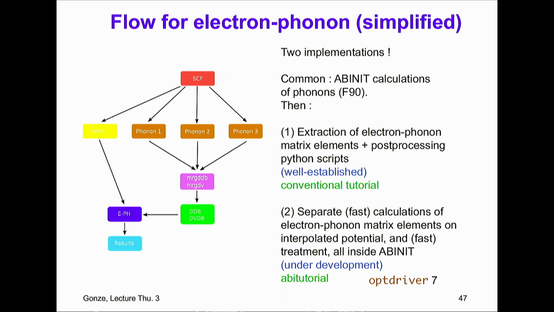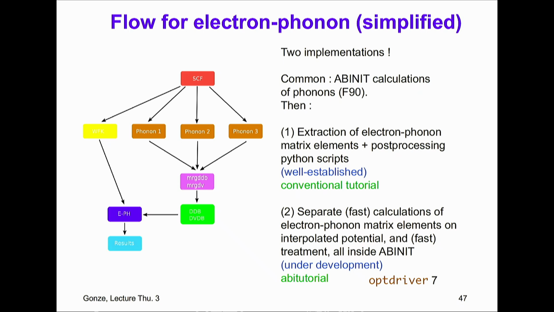And for the electron-phonon, this is a simplified flow. There are two different possibilities. Actually, we are just in a transition period. There will be some common ABINIT calculations, and then one extracts the electron-phonon matrix element and uses a post-processing Python script.